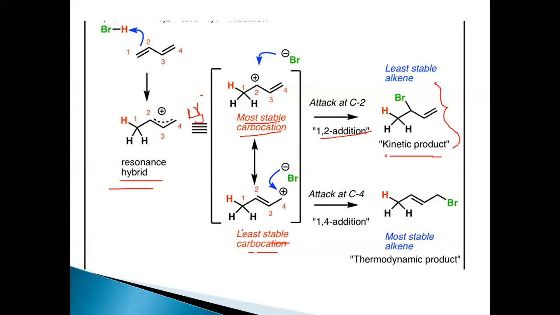But when we are supplying more energy, that is 40 degrees centigrade, the temperature is enough for it to pass through the primary carbocation, that is an intermediate here. It's enough for it to pass through the activation energy at the primary carbocation stage, and results in the formation of the more stable alkene, that is the thermodynamic product, the 1,4 addition product.